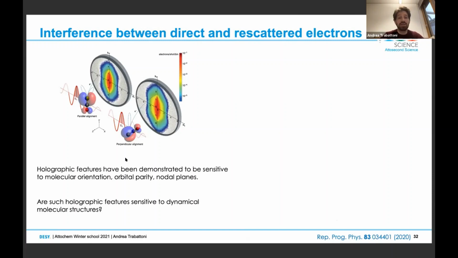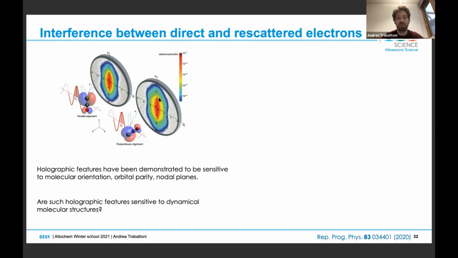And before concluding, I would like to provoke your interest in another channel that is anyway involving rescattered electrons. I will not go into the details because I don't have time, but I think it is particularly interesting. And that is the interference between direct and rescattered electrons. If you focus on this photoelectron distribution, for example, it's quite blurred, but you can imagine that there is some structure.